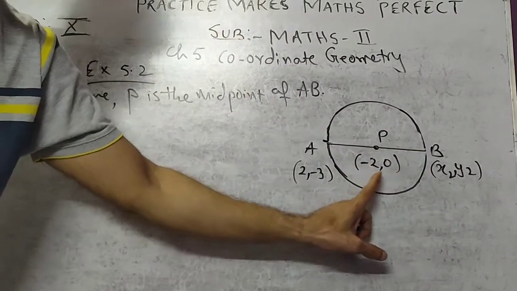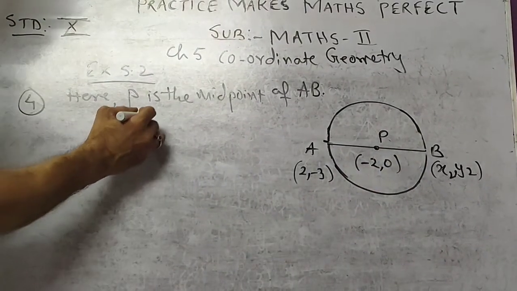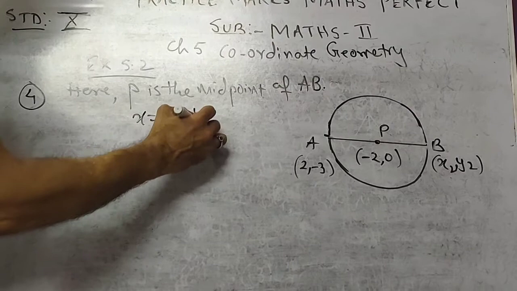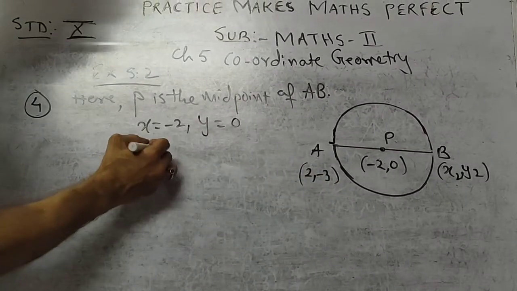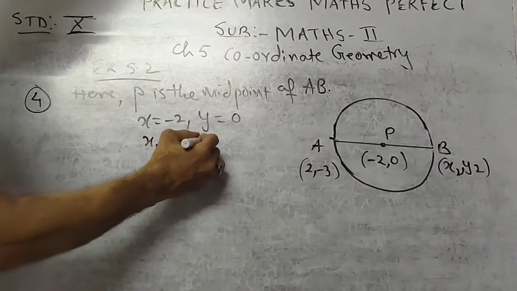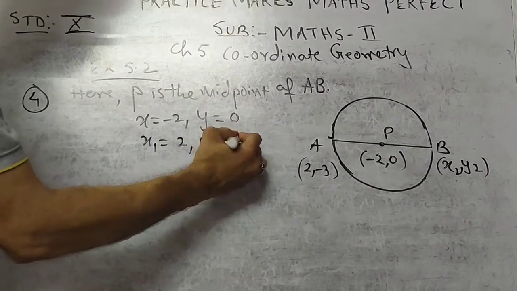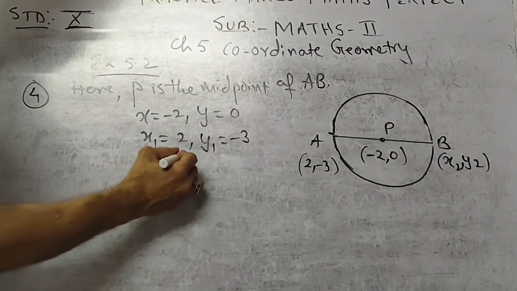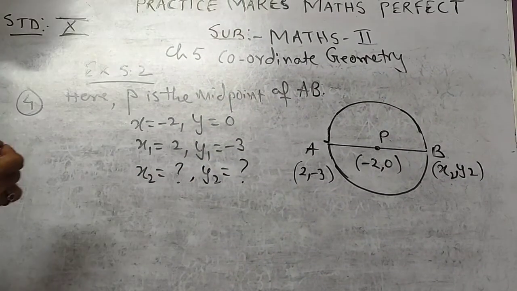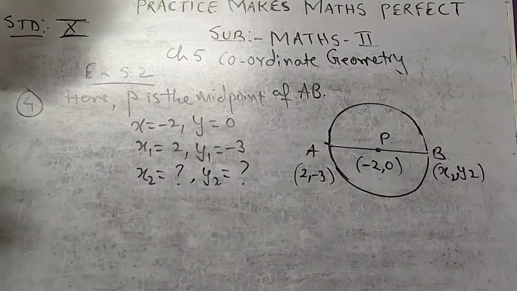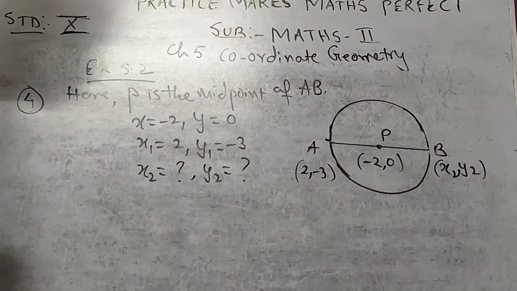This is x, y. x is equal to minus 2, y is equal to 0. This is x1 y1. x1 is equal to 2, y1 is equal to minus 3, and x2 is equal to question mark, and y2 is equal to question mark. You have to find out x2 y2. It is very easy sum. You will use midpoint formula.